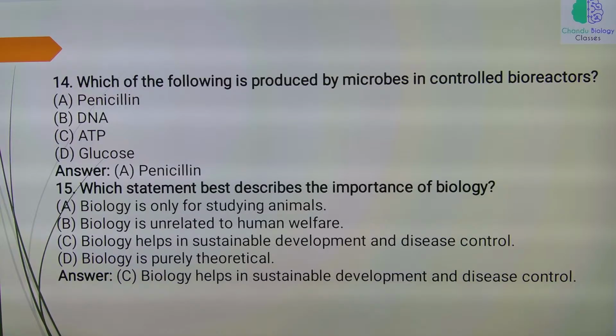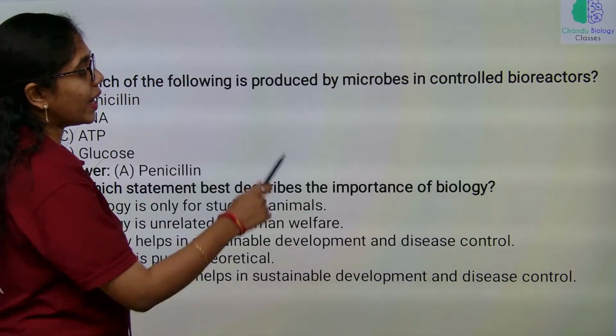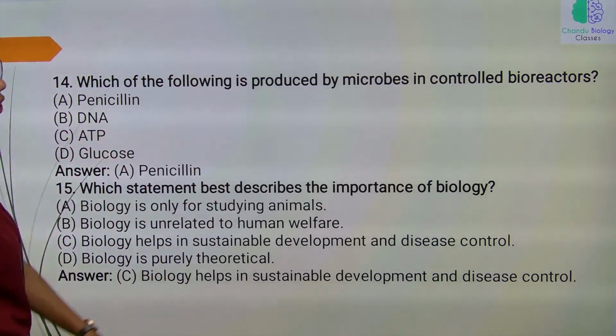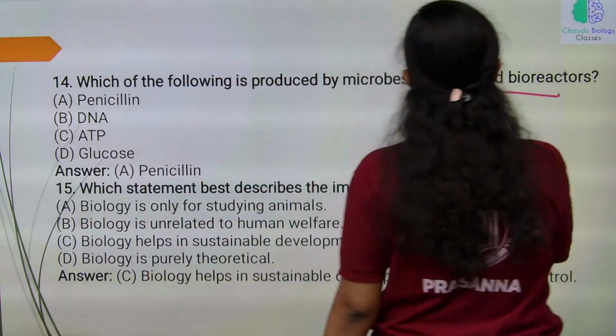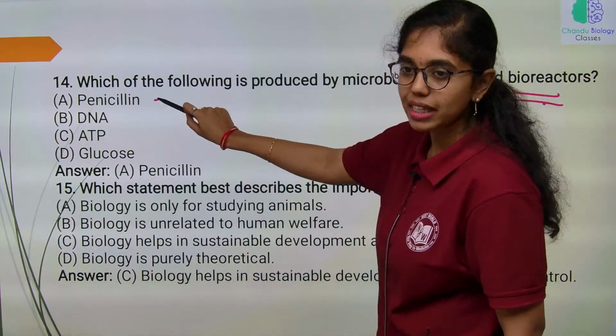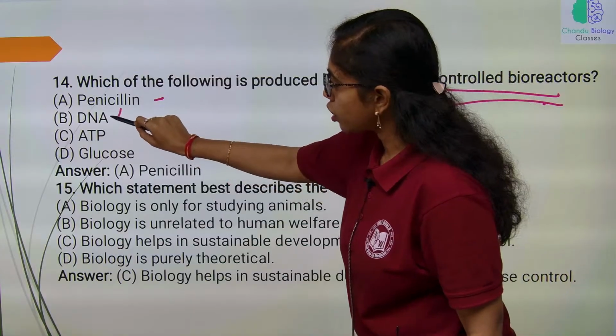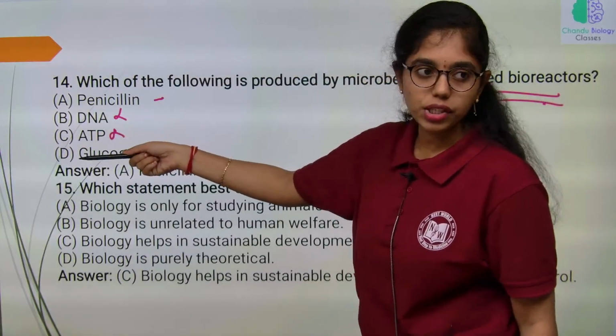So, here which of the following is produced by microbes in controlled bioreactors? It is not penicillin. Penicillin is the antibiotic which is produced by Penicillium notatum. It is not DNA or the cellular energy, that is ATP.